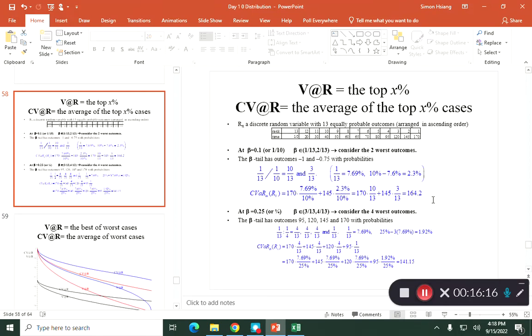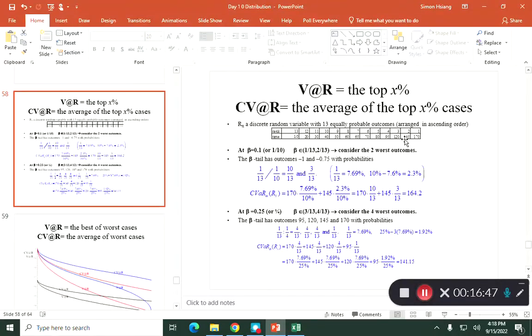So that gives me the CVAR value of, if I can wait that long for 10%, on average, when I'm going to fail, 164.2. And think about it, 164.2 is not 170, it's less than 170, because if it's at 170, that's 7.69.